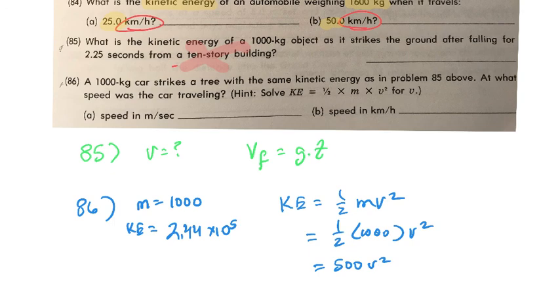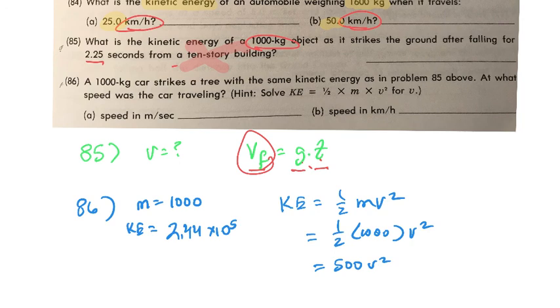The part of this that is important is the mass. We can take the time, and then remember this formula, final velocity equals gravity times time. And of course, gravity is 9.81. So we can take the time times 9.81, and we have the final velocity. That's what we're going to use to plug in to velocity squared. All right, I think we've done enough on 85 that you should be able to solve that one.